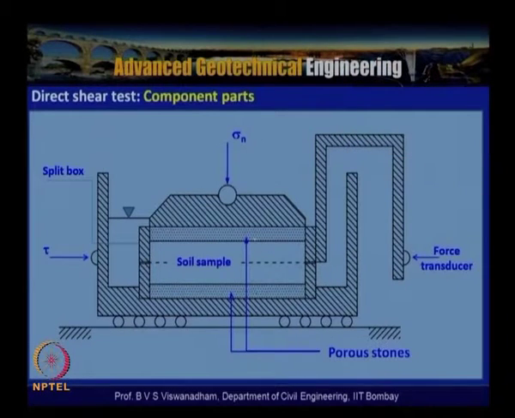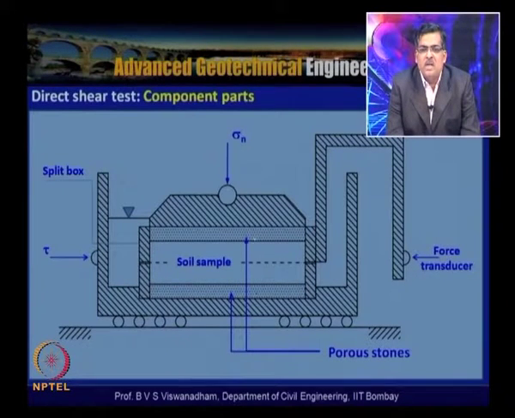So this typical direct shear test configuration is shown here. It has a shear box, and to some extent tests can be performed under drained conditions, but it is not possible for us to measure any pore water pressure and other aspects.